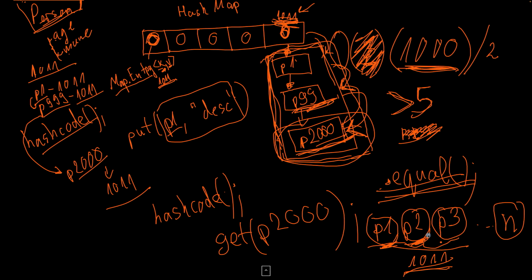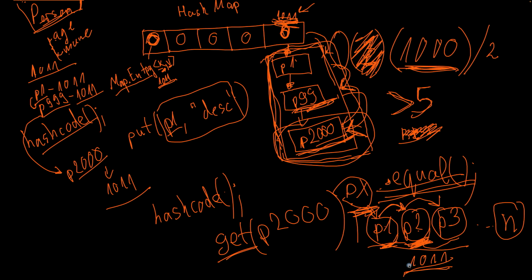Imagine these three objects, and the equals method will ask: is px equal to p1, is it equal to p2, is it equal to p3, and one of these will equal our input here. When we say get, this stuff will happen.